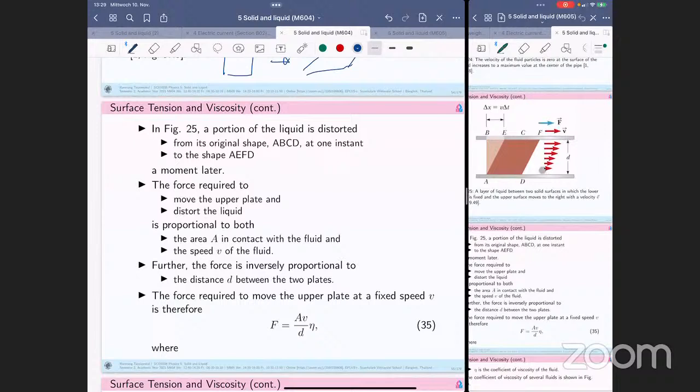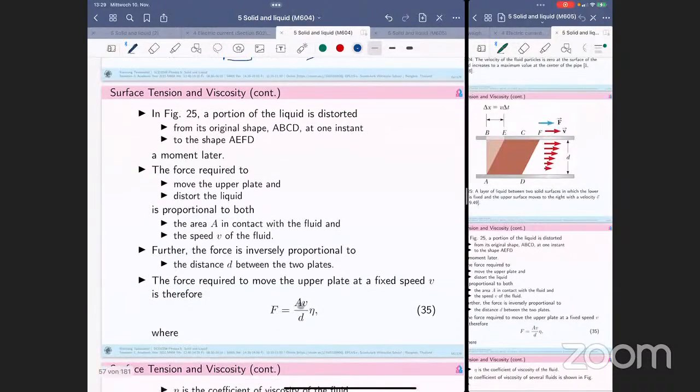Does it mean that if you have greater distance, you need more force? No, it's not the case. If you have less distance between two plates, you need to have more force.